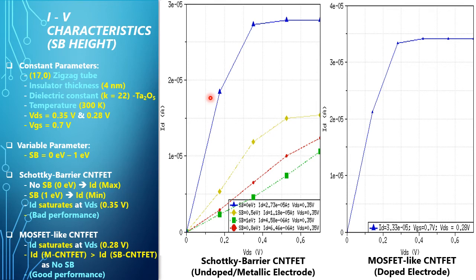So comparing these two figures, we can see the drain voltage is much less for the MOSFET-like CNT compared to its counterpart, and the ID is much larger for the MOSFET-like CNT as there is no Schottky barrier in it. So it's a good thing to pick the MOSFET-like CNT for the complementary applications.